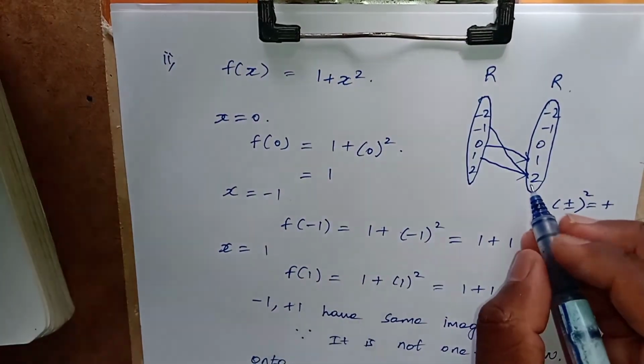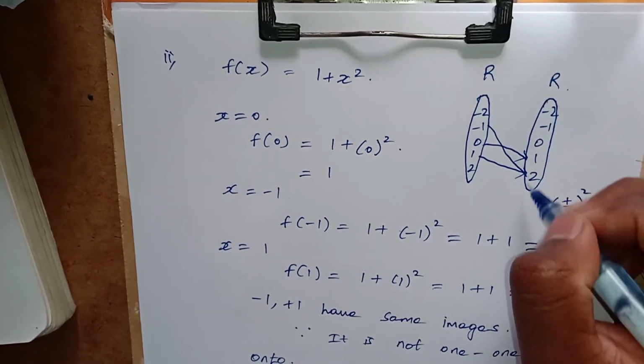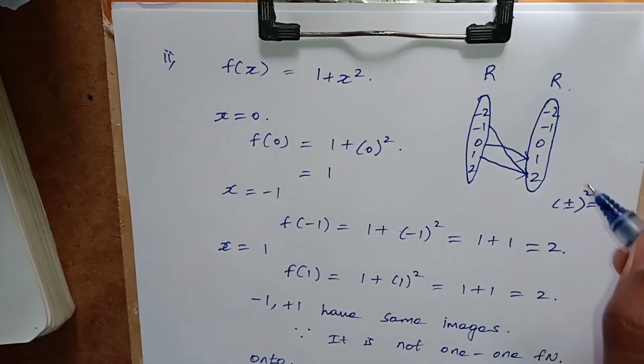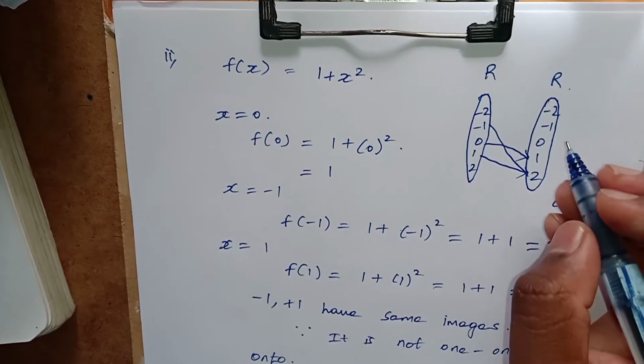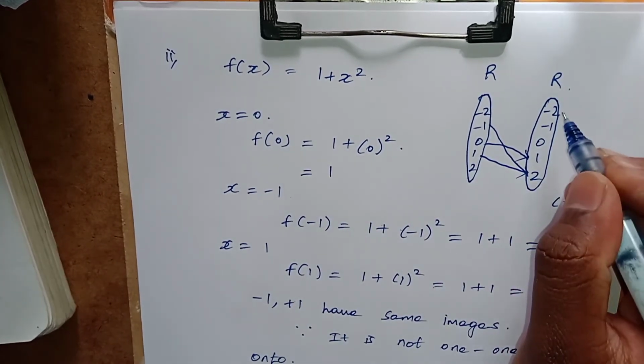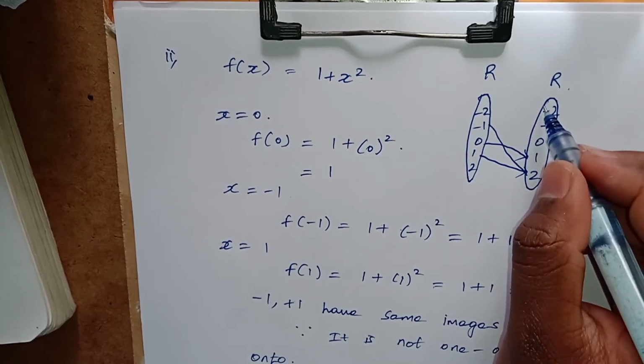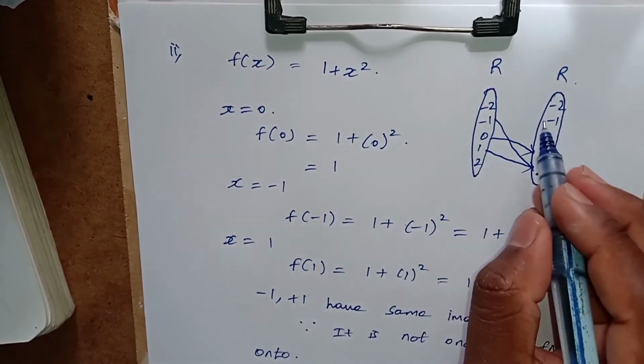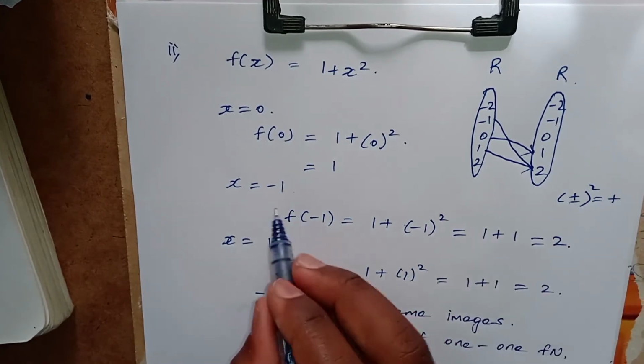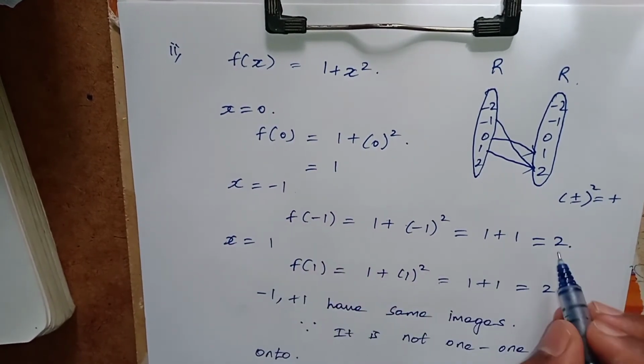Otherwise, simply you can check the codomain. For checking whether it is onto or not, you can check the codomain. This is my codomain. In the codomain, minus 1 and minus 2 have no pre-image, because for minus 1 and plus 1 both have the same value.